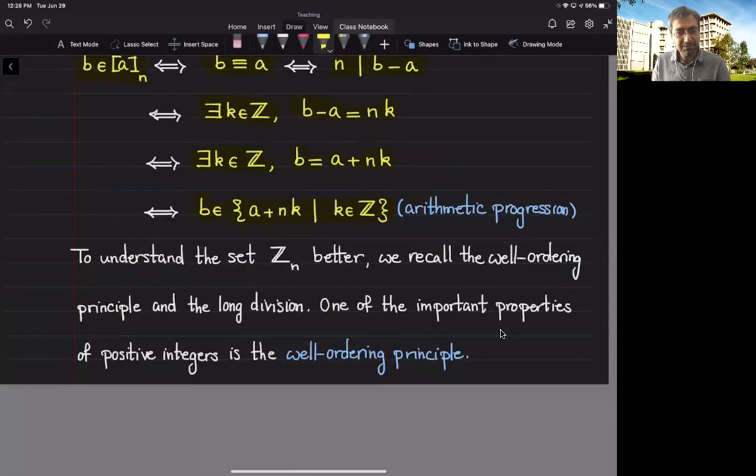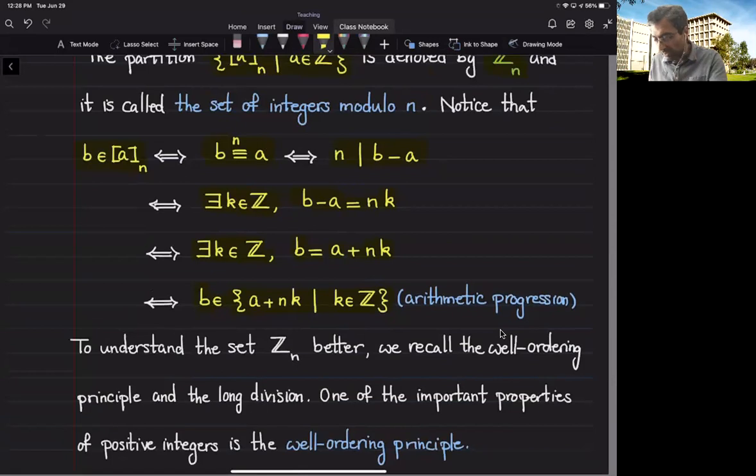The set of positive integers has this property that we call the well-ordering principle. The well-ordering principle can be viewed as a kind of axiom that we assume the set of integers has.